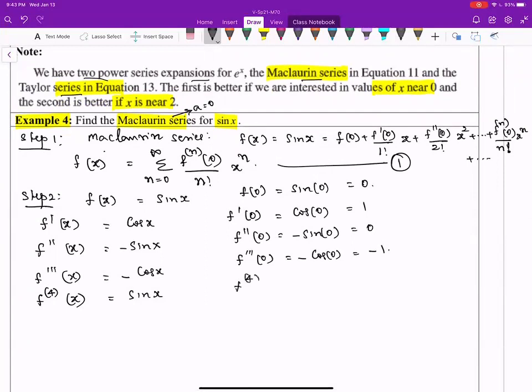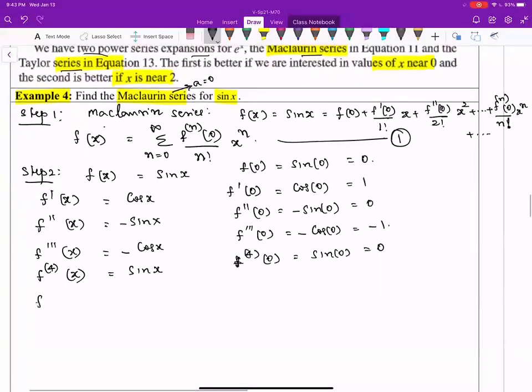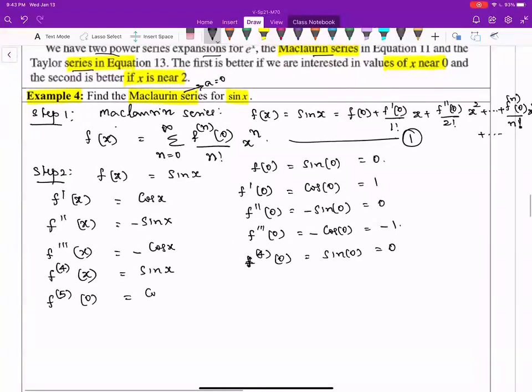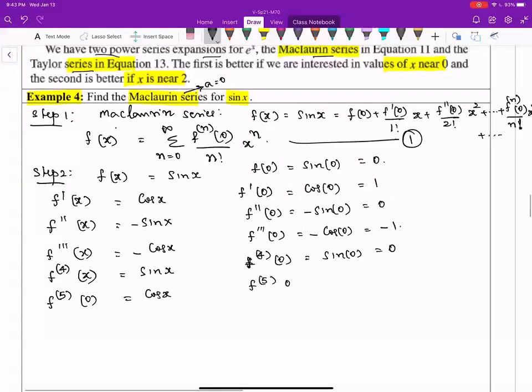So the fourth derivative at 0 is sine 0, which is equal to 0. And the fifth derivative is cosine x, and at 0 it is cosine of 0, which is equal to 1. What about the next derivative?